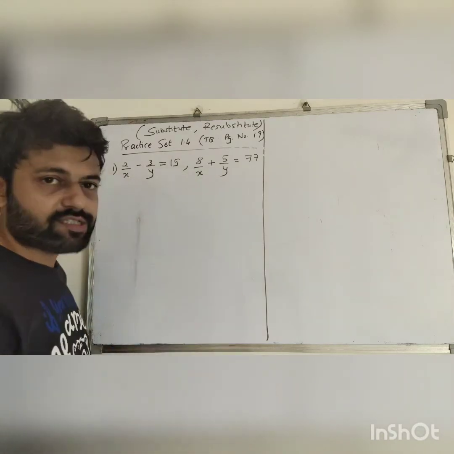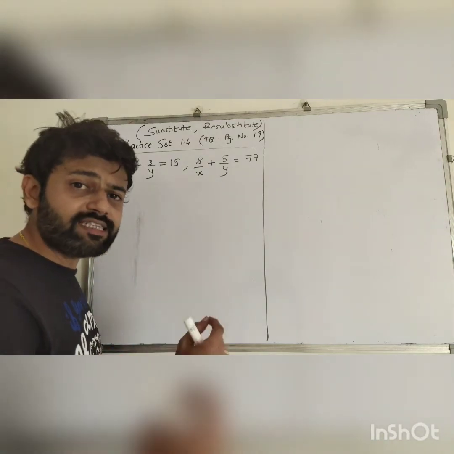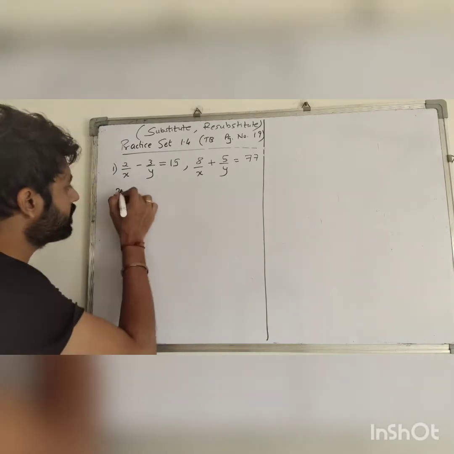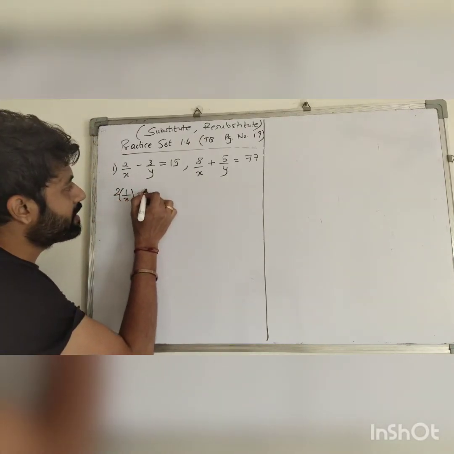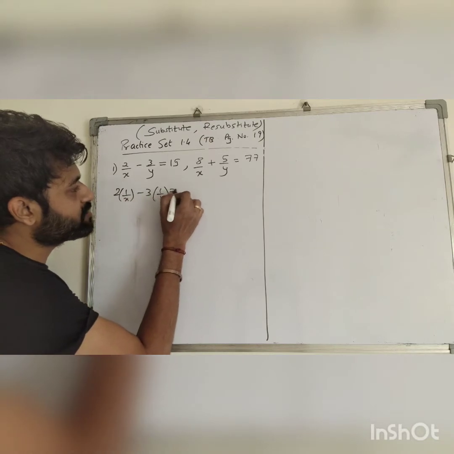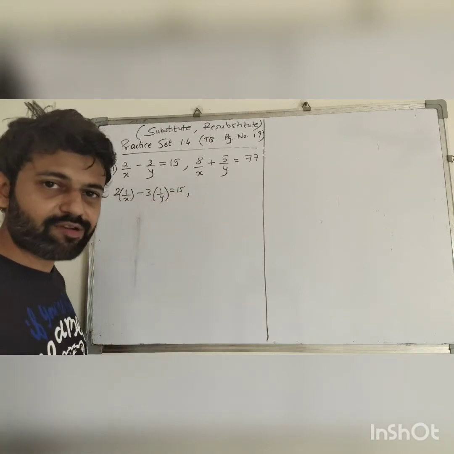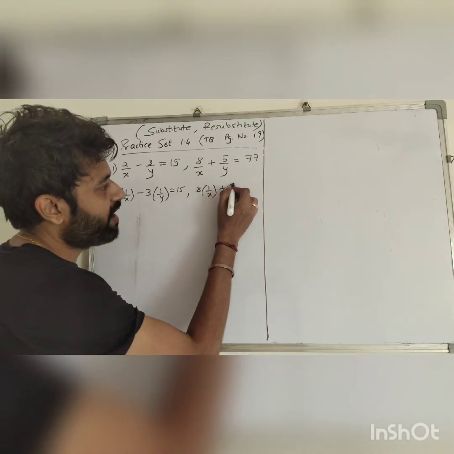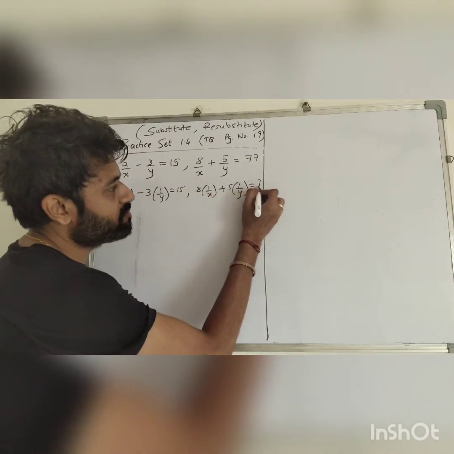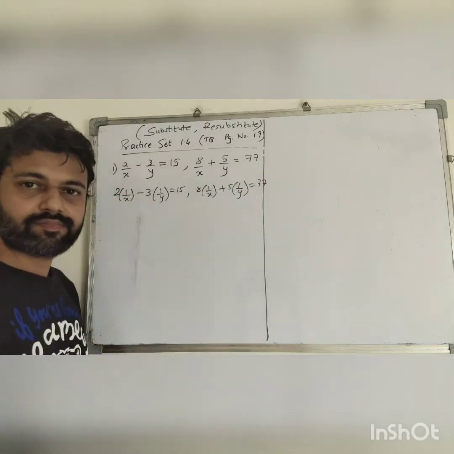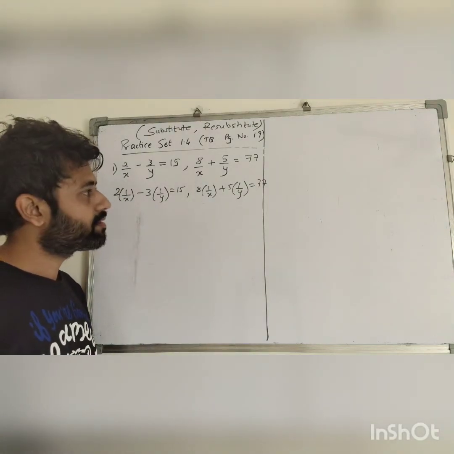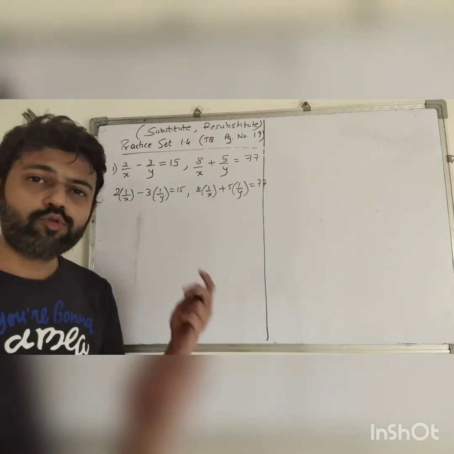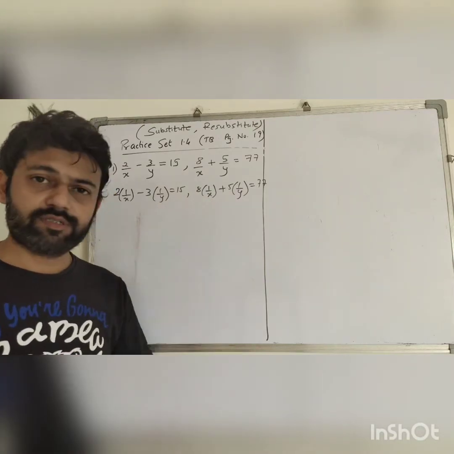These are the two equations. We have to understand them this way: 2 into 1 upon x minus 3 into 1 upon y is equal to 15. Second equation: 8 into 1 upon x plus 5 into 1 upon y is equal to 77. 1 upon x has come 2 times, 1 upon y has also come 2 times.